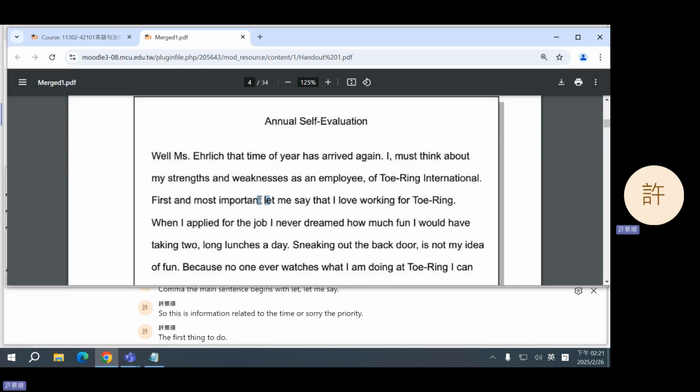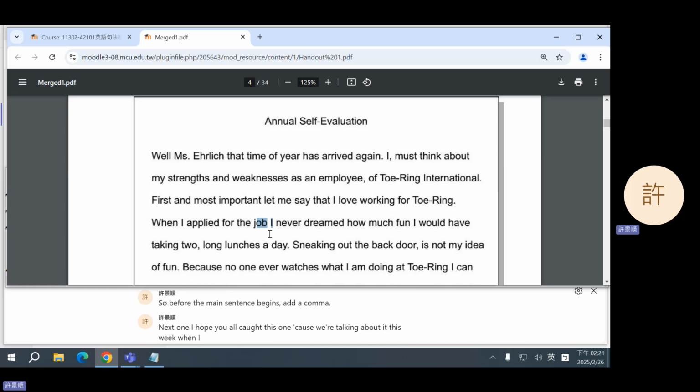So before the main sentence begins, add a comma. Next one, I hope you all caught this one because we're talking about it this week. When I applied for the job, comma. The subject of this sentence is I, and the when part is the time of this sentence.